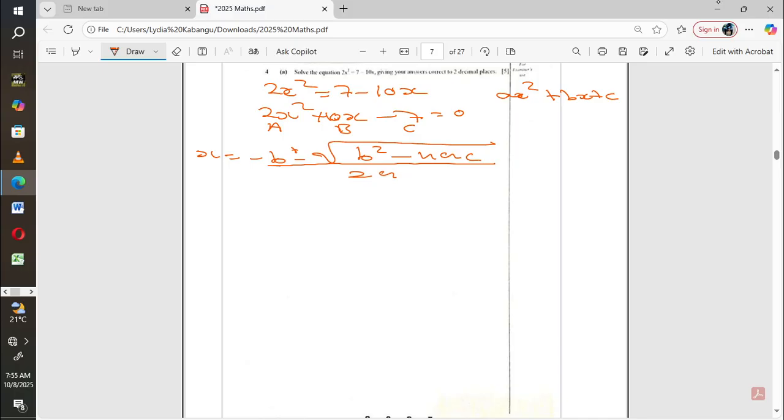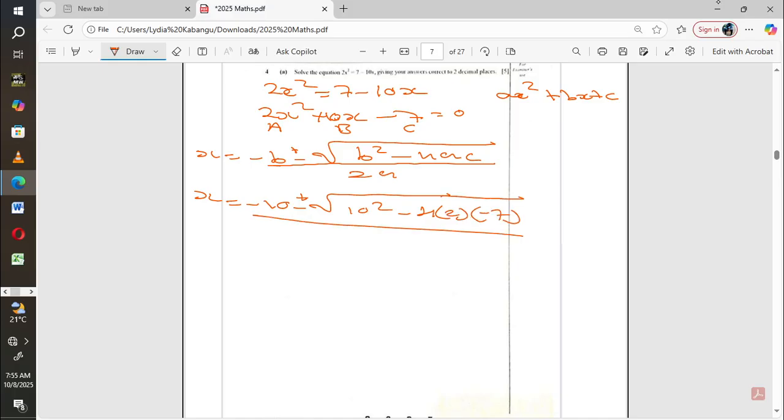From there, we can substitute. What is our b? Our b is positive 10. So we're going to have minus 10, positive or minus, then the root. What is our b? That's 10 squared minus 4, open bracket. What is our a? That's 2. What is our c? That's negative 7. From there, everything over 2a. What is our a? That's 2 there.